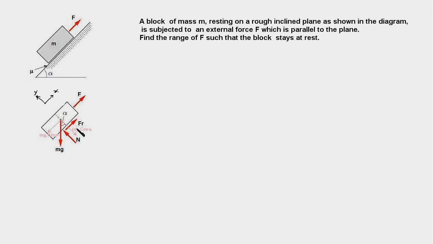The FBD also shows the two components of the weight, mg cos alpha along the normal and mg sin alpha along the plane. By the way, we have made an assumption that angle alpha is larger than tan inverse mu, so that without any application of the external force, the block will slide down due to its own weight.